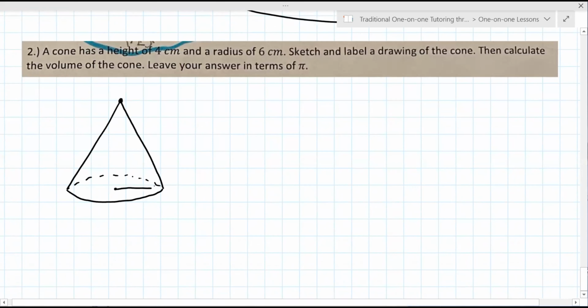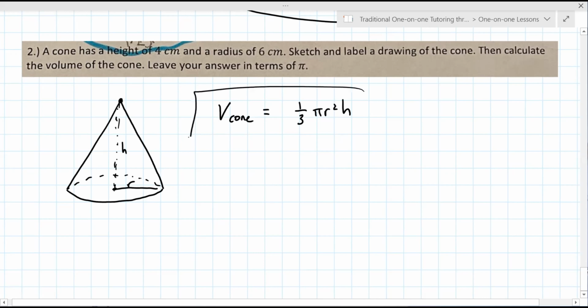So the bottom has a radius and it has a height. Like if you could imagine going from that top point all the way down to the bottom, there is a height. The volume of a cone is 1/3 pi r squared h. So it's the exact same formula as the cylinder, except for this 1/3 out in front.